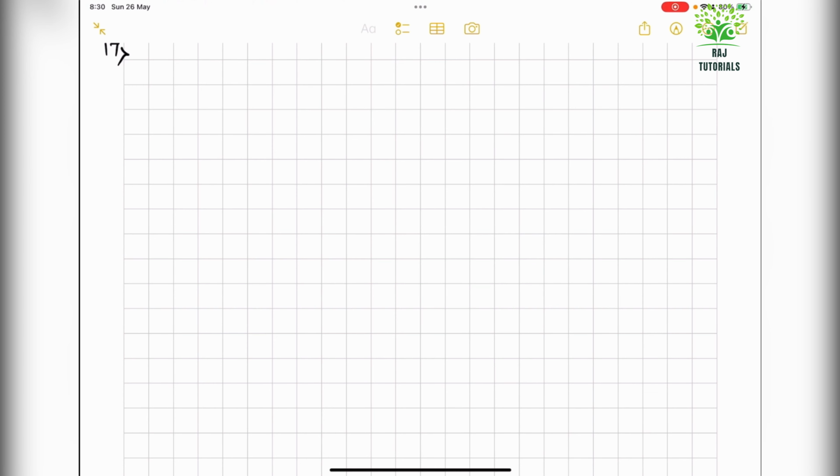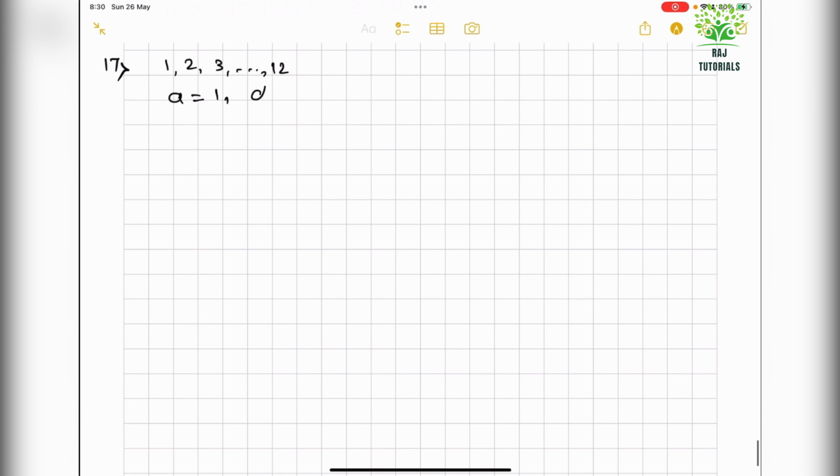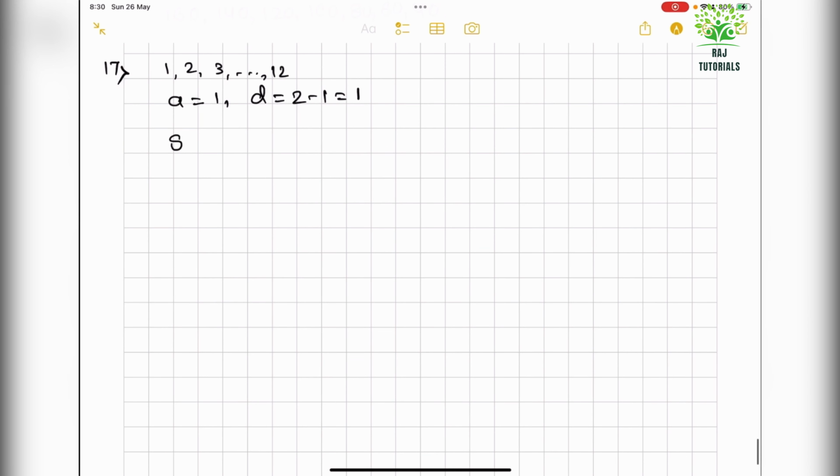So here we can see that it is clearly an AP. So 1, 2, 3 till 12 classes are there. So the first term a will be 1. d also will be 2 minus 1, that is 1. So Sn equal to n by 2 into 2a plus n minus 1 d. Now here there are 12 terms, so S12 is 12 by 2 into 2 into 1 plus 12 minus 1, 11, into d, which is 1.